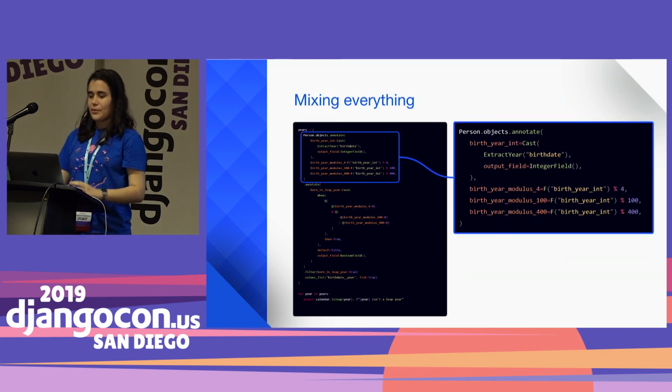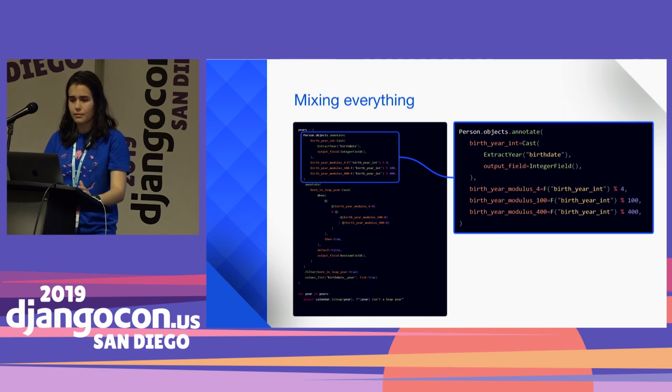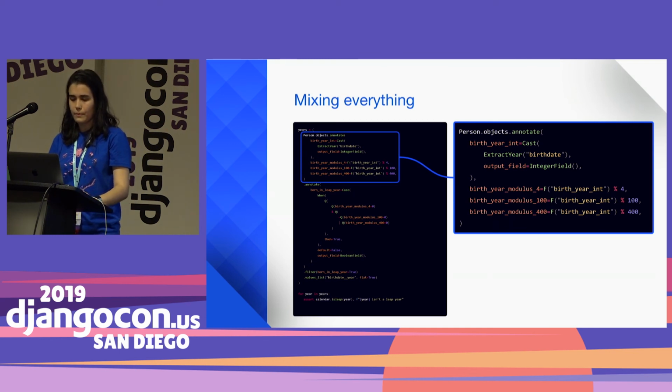So we start by doing the needed annotations with database functions, Cast, to transform the value from extract year to an integer, because extract year at database level returns a double precision floating point. I've never personally used that, but that's what the error said. Then we use F objects to do the operations with reference annotations, to get the modulus of the integer, for example.